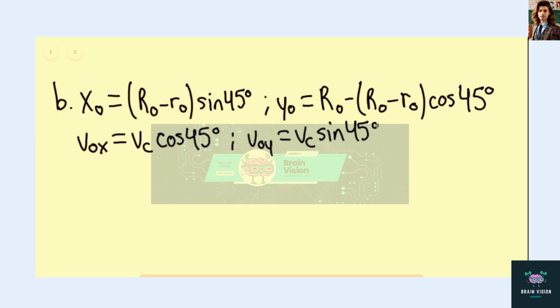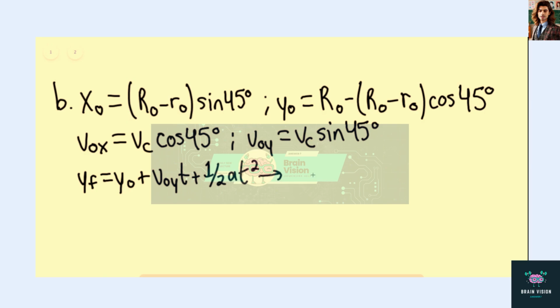So we can find the time that the ball is in the air. We can say here that y final equals y initial plus vy initial t plus 1/2 a t squared.